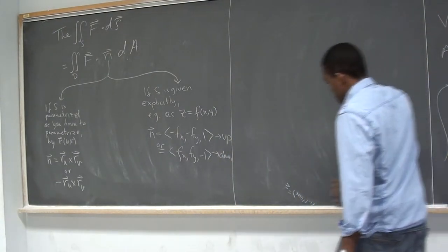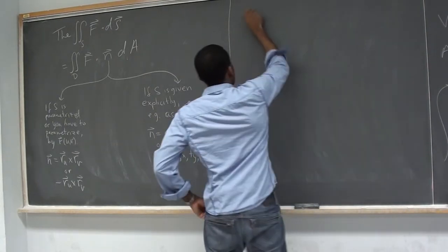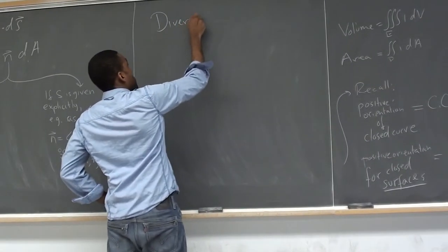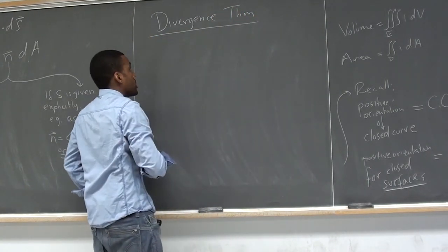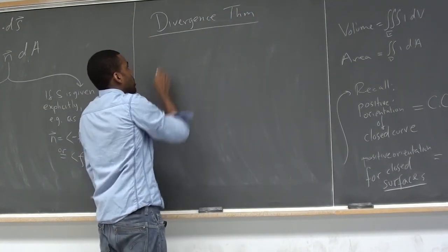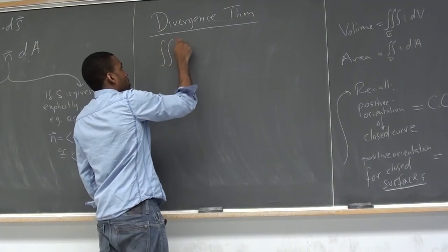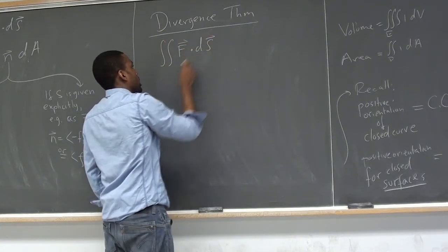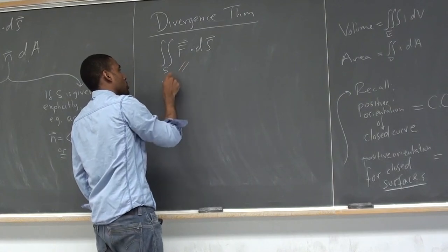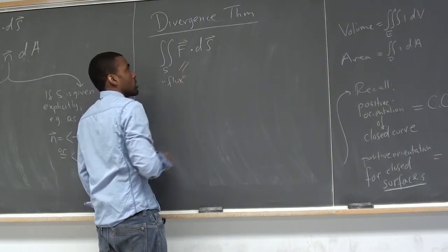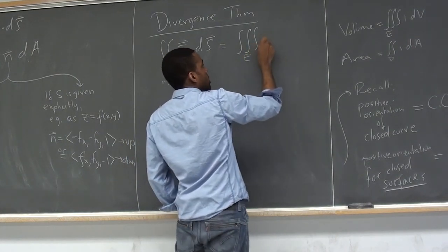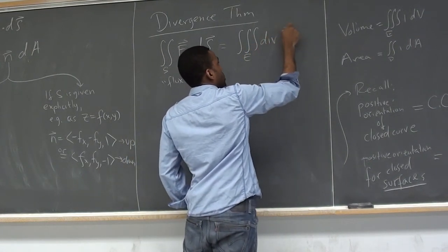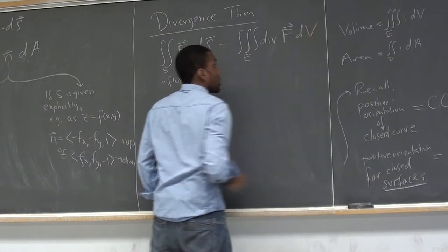Which leads us to the divergence theorem, which says what? The flux of the vector field, remember, it's called the flux, is equal to the triple integral over some E of div F dV.